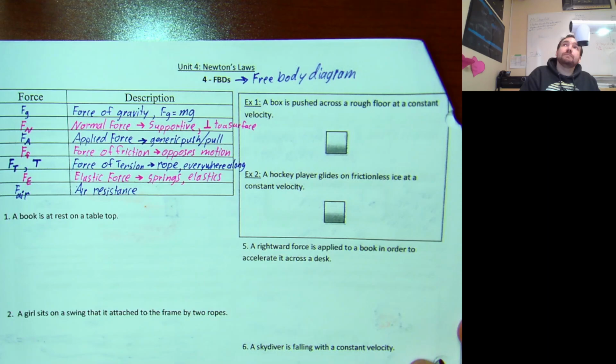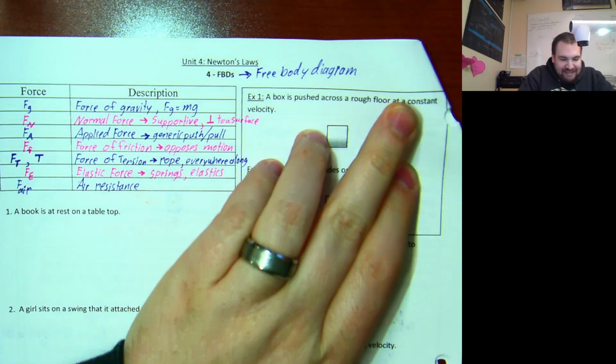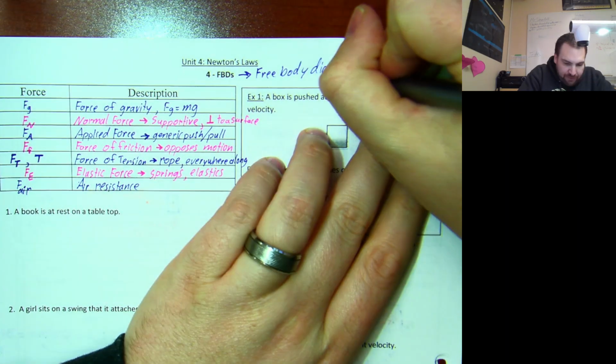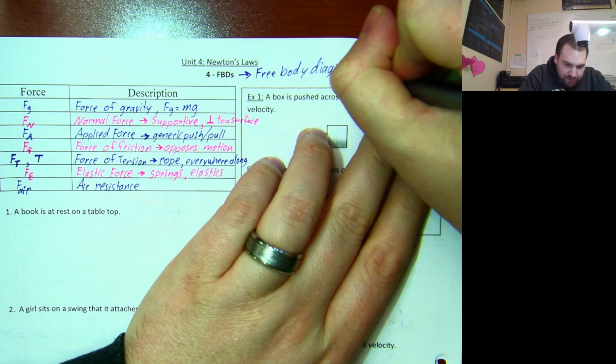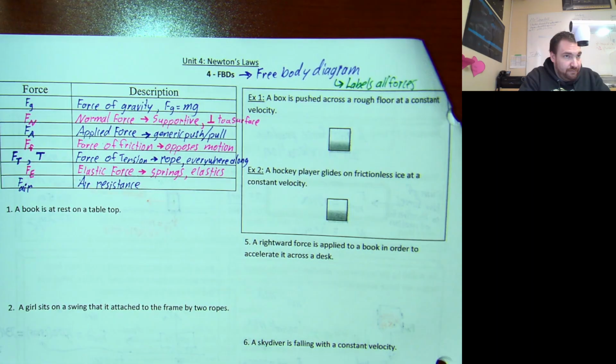For a free body diagram of any object, it's a diagram that labels all forces acting, and only the forces.